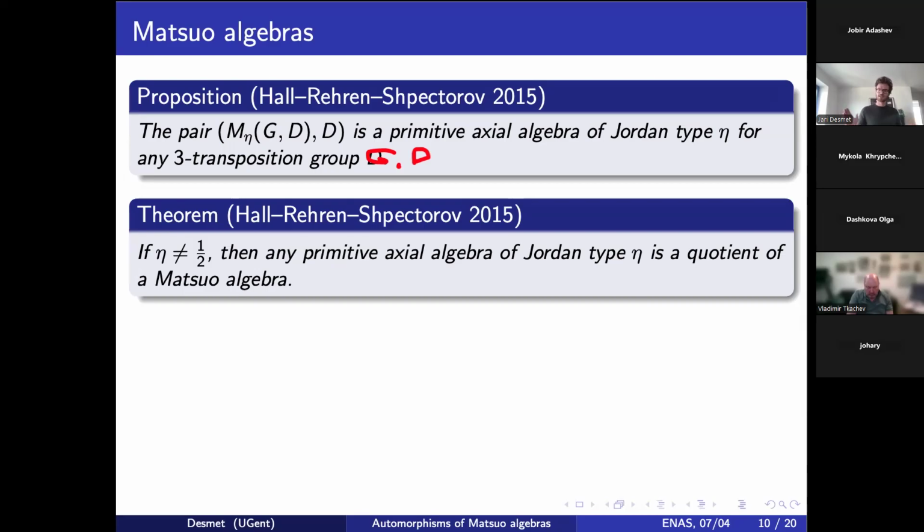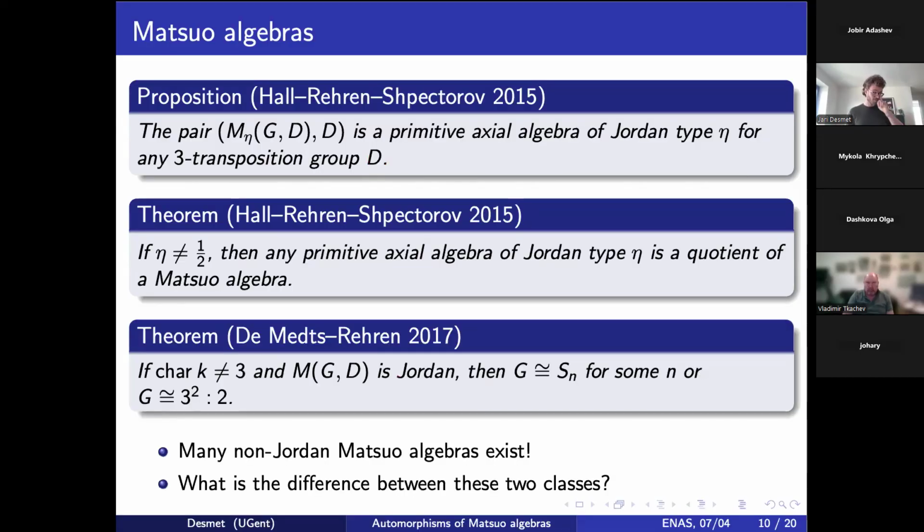But it turns out that this 1/2 case is really an exceptional case in this theory. It's like somehow everything goes bonkers there. And there are good reasons for that, as some of you probably well know. I'll talk about that a bit more later. But in case we're working with eta equal to 1/2, then we know that if the characteristic is not 3 and our Matsuo algebra is Jordan, then we only have one infinite family and one exception of 3-transposition groups that occur.